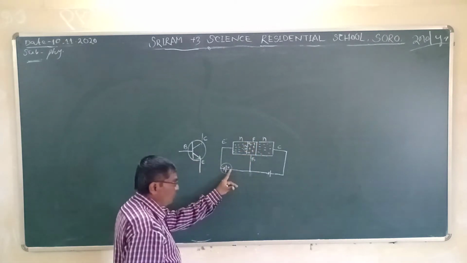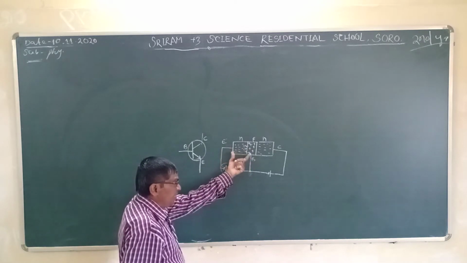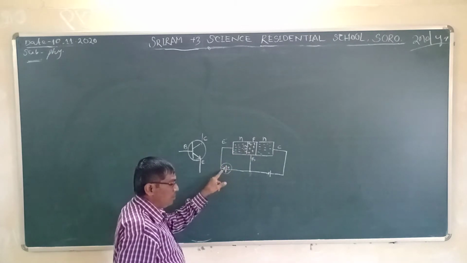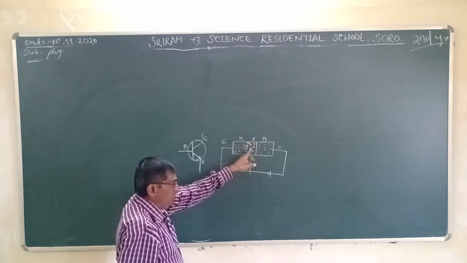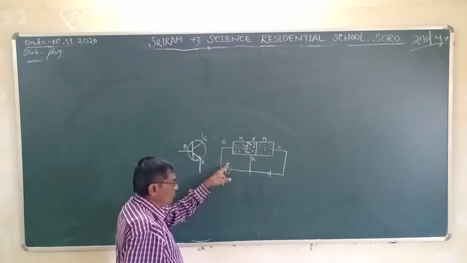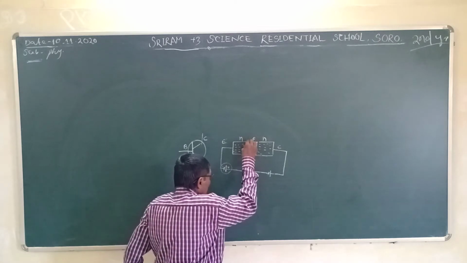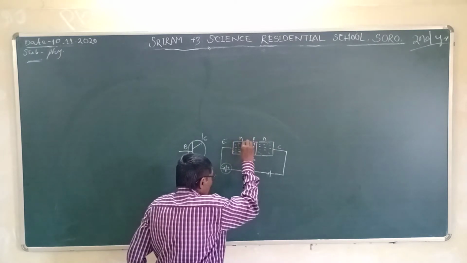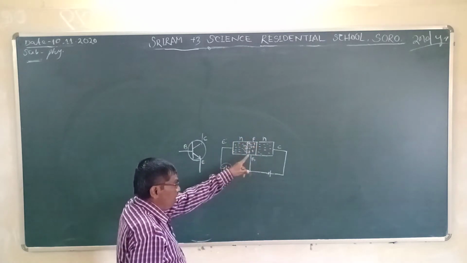Positive is connected to positive and negative to negative, so electrons are repelled by the negative of the battery, and holes are repelled by the positive of the battery. Now this junction will disappear as electrons reach the p region.